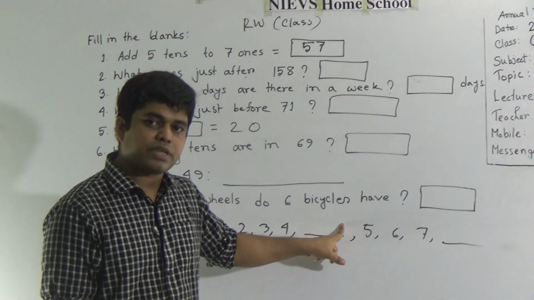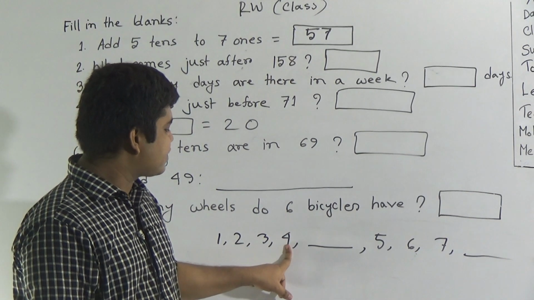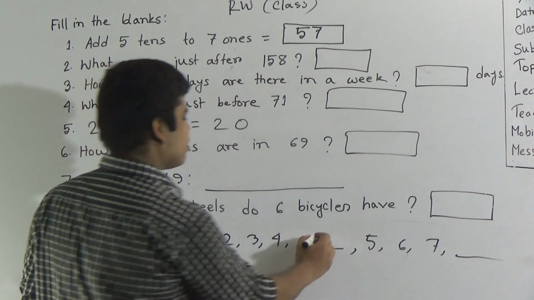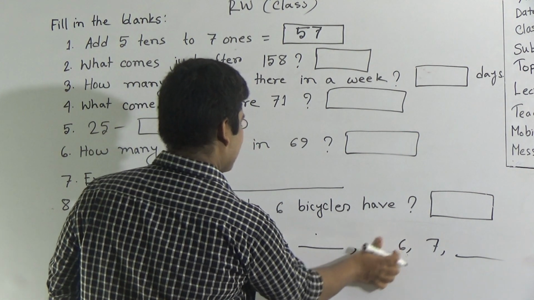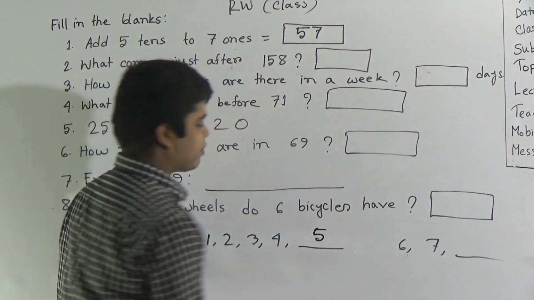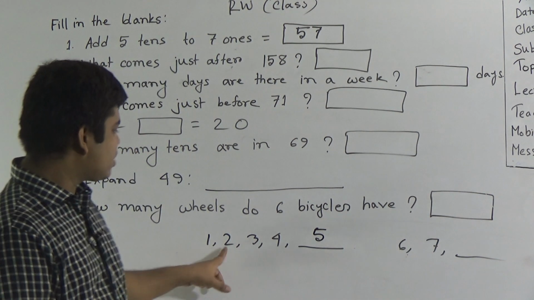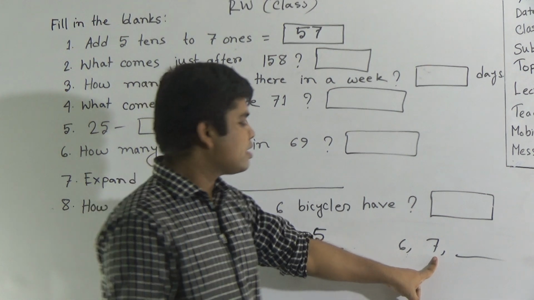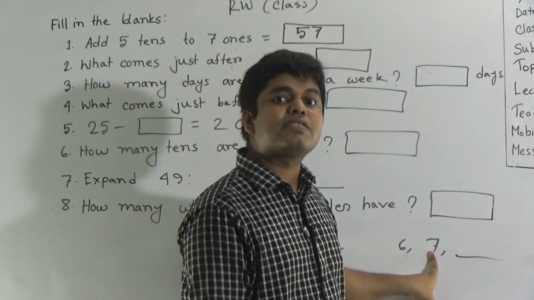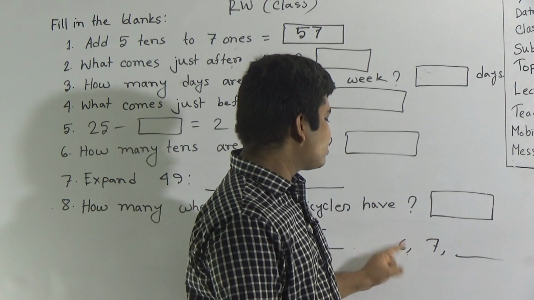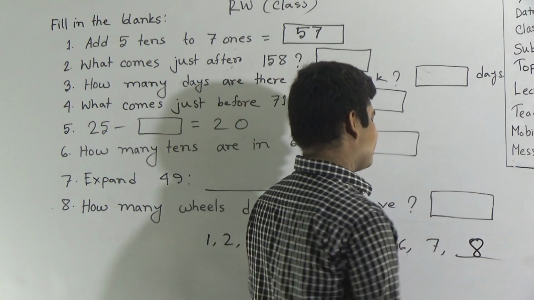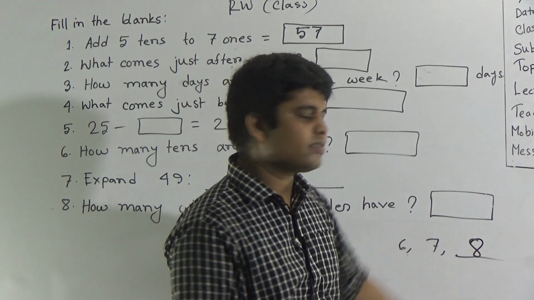The just after number of 4 is 5. Count 6, 7, 8. So the just after number of 7 is 8.